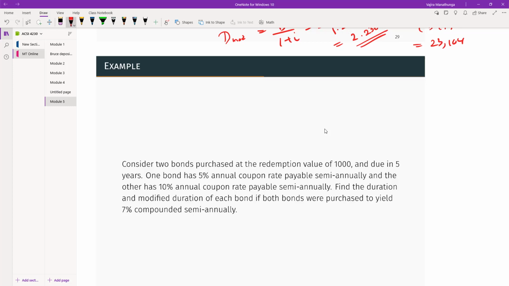So one bond has a 5% annual coupon. Basically, we have to think the redemption value is 1,000, the same as the face value, because we need to calculate the coupon.